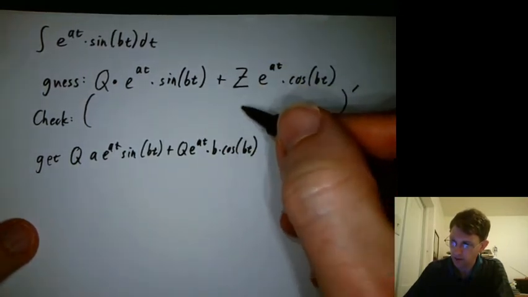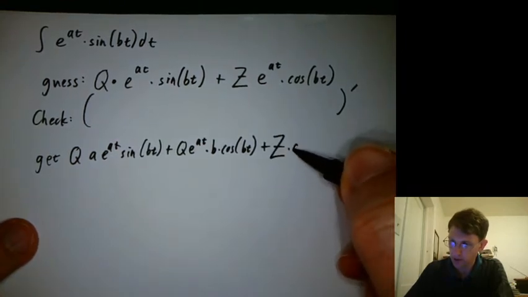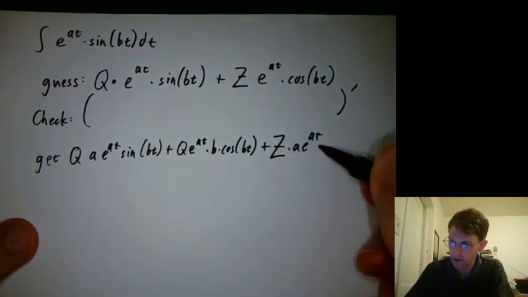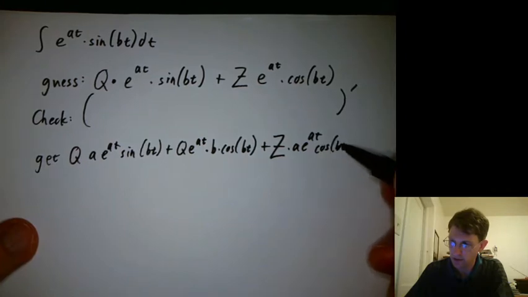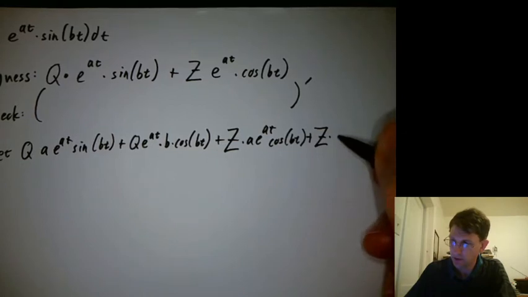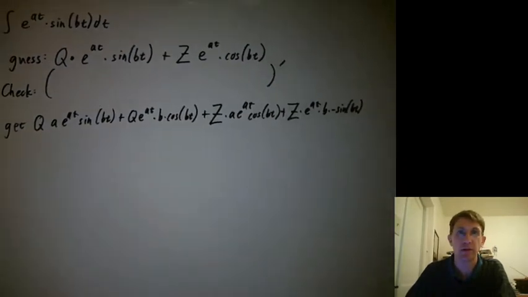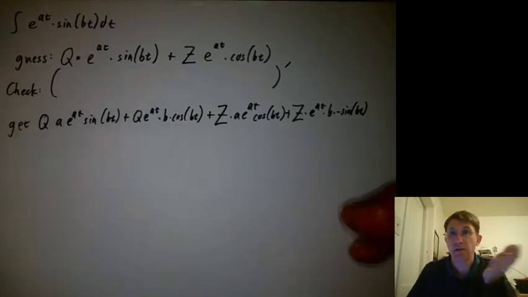And then from this plus, we're going to get z times a e to the at cosine bt plus z times e to the at times b times negative sine bt. Gotta zoom out to see all that, right? So is my guess right?